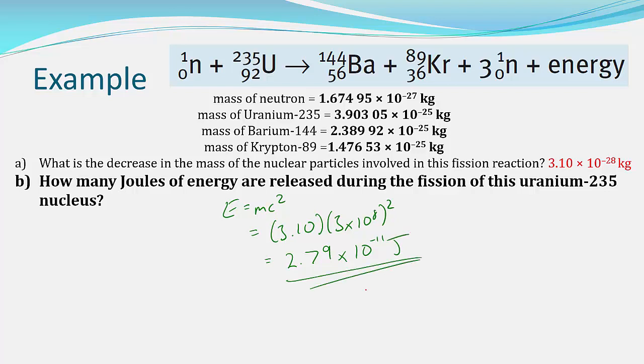So with this answer, there's a couple of mistakes that could have been made here. One of the more common ones is that you put this square in the wrong spot, or you evaluate it incorrectly on your calculator. Another place that you can inadvertently lose precision in your answer is, it's not really too applicable to this one because this was pretty close to 3.10. But if you give an answer in 3 significant figures in the previous part of a question, and you then need to use this answer in a part B or a second part of the question, what you really want to try and do is keep as much precision as possible as you carry that number through.